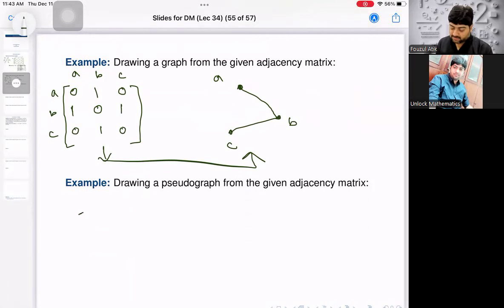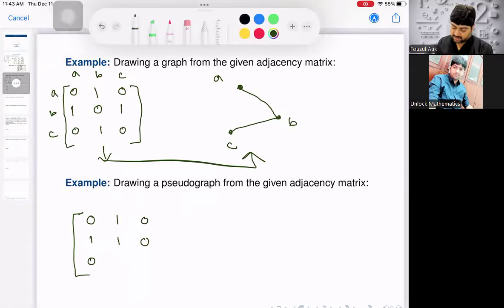Maybe I am doing the same matrix: 0 1 0, then 1 1 1 I should do, and then 0 1 1, and again 1 I'm doing. Or maybe this one is 2, suppose.